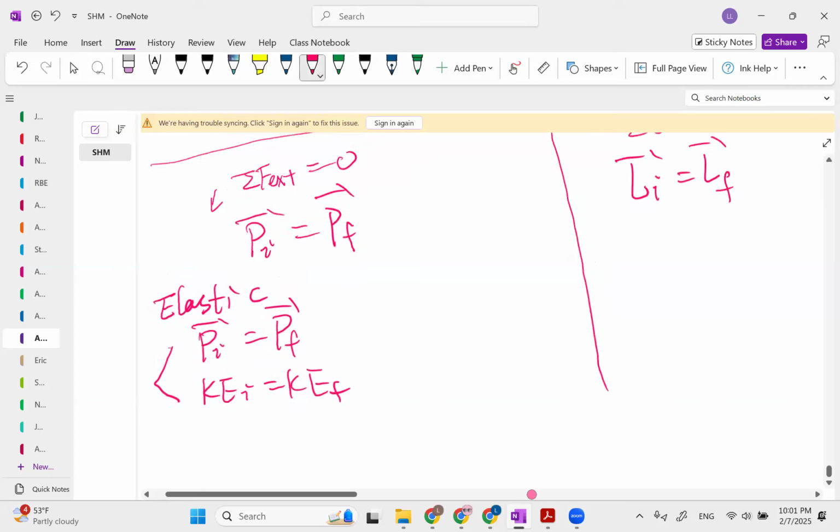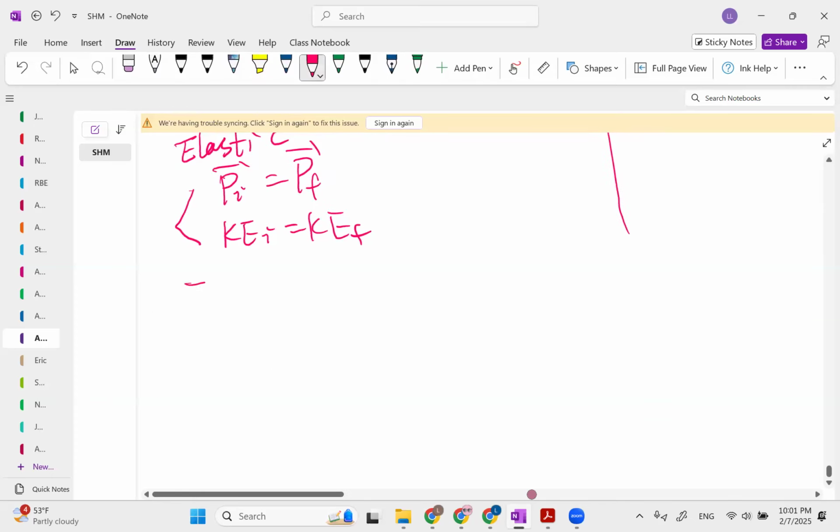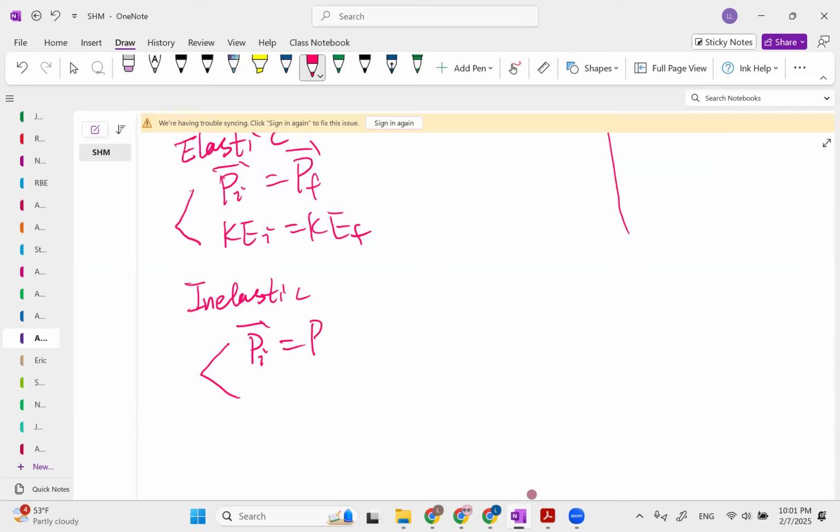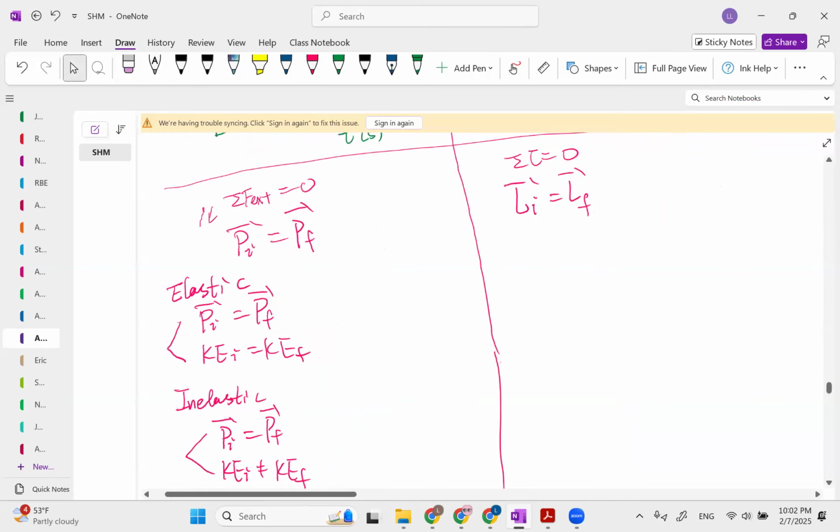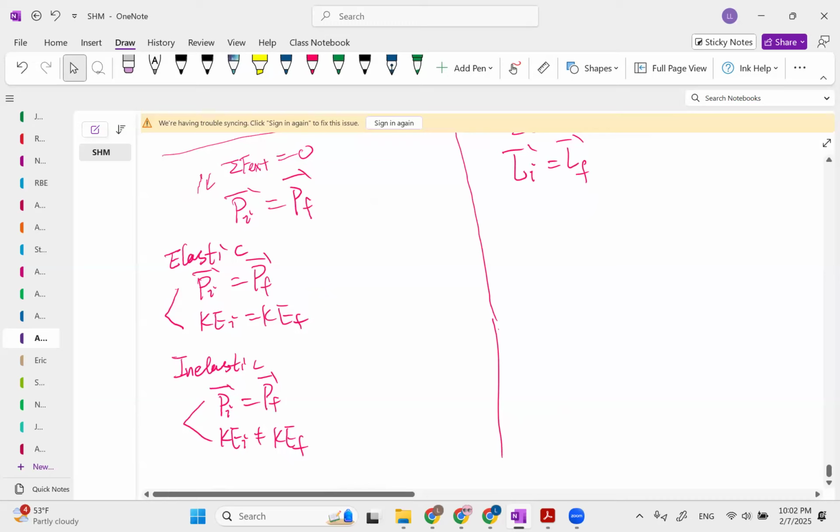But inelastic is... write it down, okay? Remember to write down. Momentum is conserved, but kinetic energy is not conserved, right? So when you do this question, you are going to see what is conserved: angular momentum, linear momentum, or kinetic energy. Depends, right? You got it?